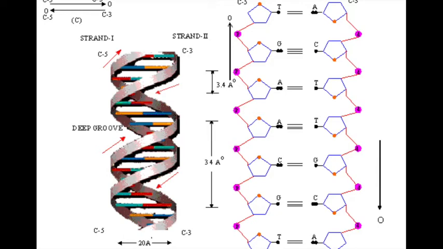But hydrogen bonds happen only between certain bases. Adenine always pairs with thymine, or uracil if we are in RNA, but now we're talking about DNA, so adenine always pairs with thymine, while guanine, G, always pairs with C.